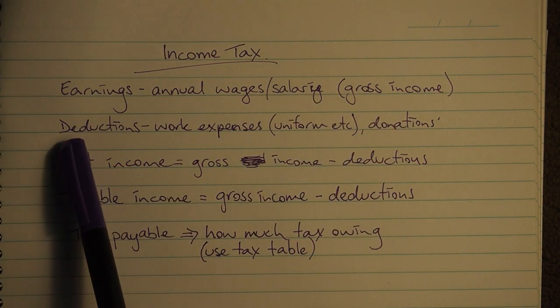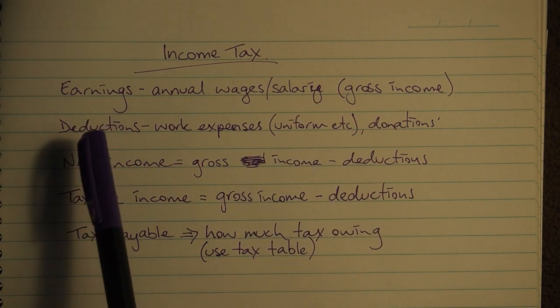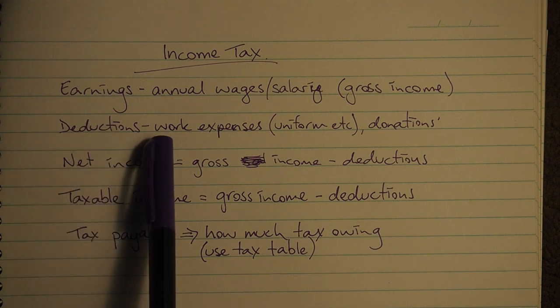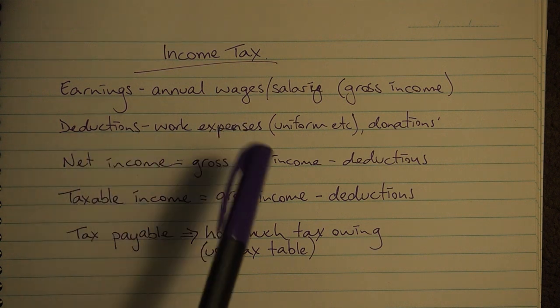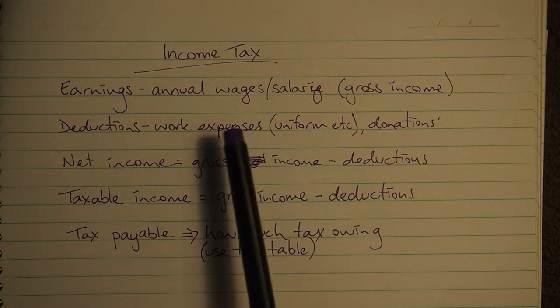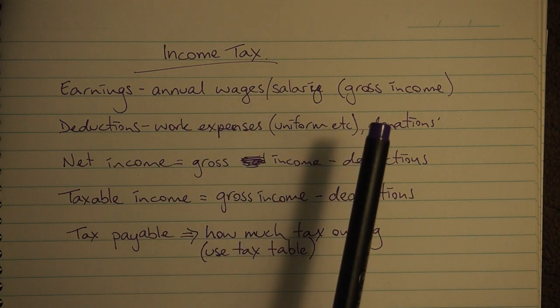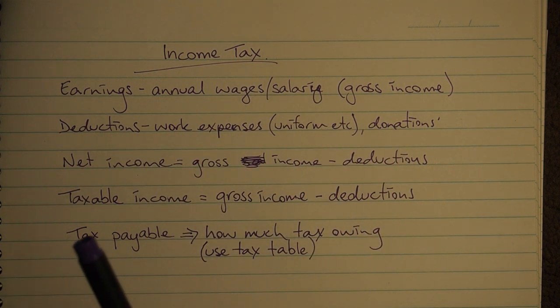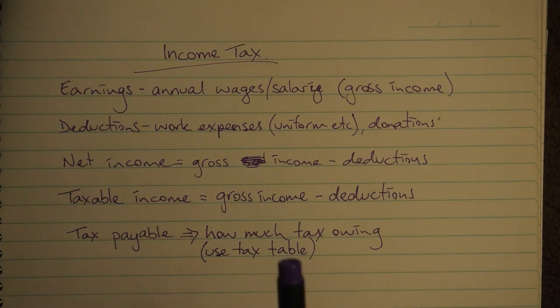Okay, we also may have deductions. So deductions are anything that you have spent to do your job. So you might have to pay for a uniform, you might have to buy particular protective clothing, hard hats, boots, shoes, anything that you need to buy to do your job properly.